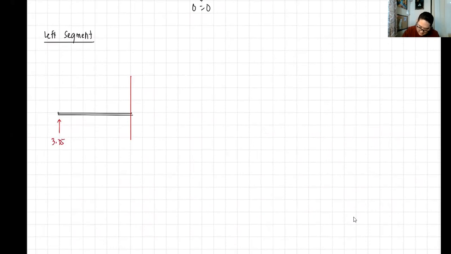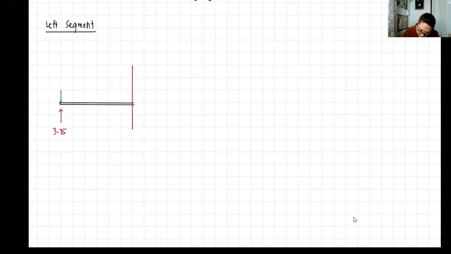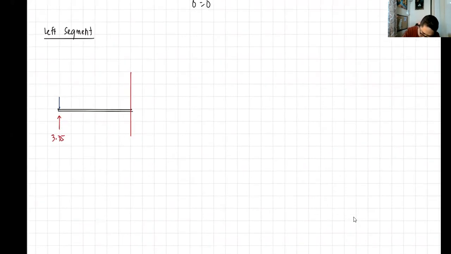And then meron tayong trapezoidal load, no? Na ang value is dito is 0.5. Tapos ito is 2/3. Yung na-calculate lang natin recently. Tapos ito ay 0.5. Okay?